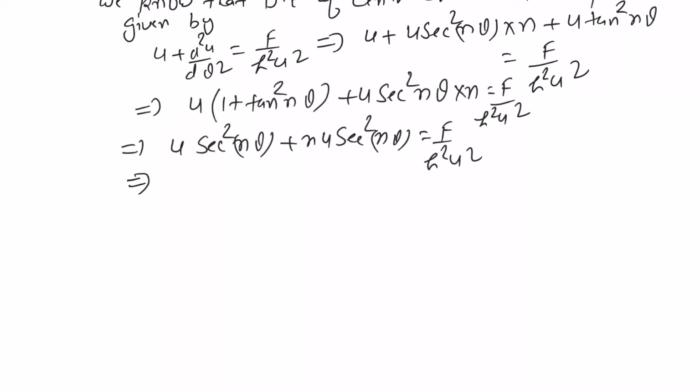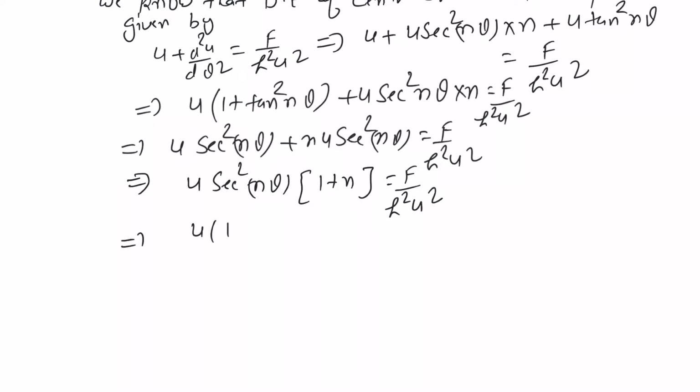This further implies that u is common, sec² nθ is common, and inside we are left with 1 + n = f/(h²u²). This implies that u(1 + n)/cos² nθ = f/(h²u²).